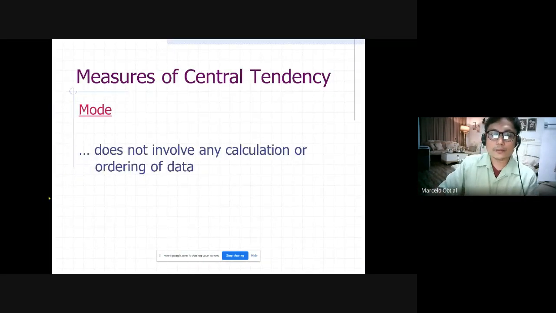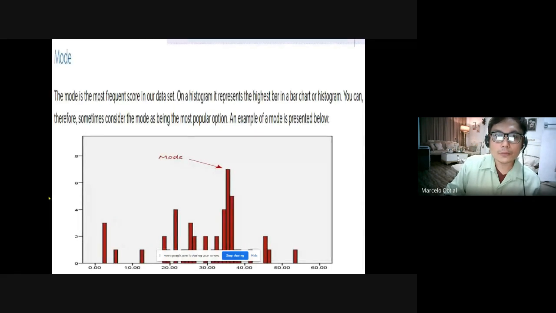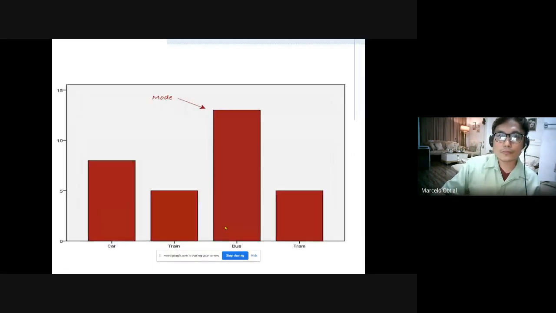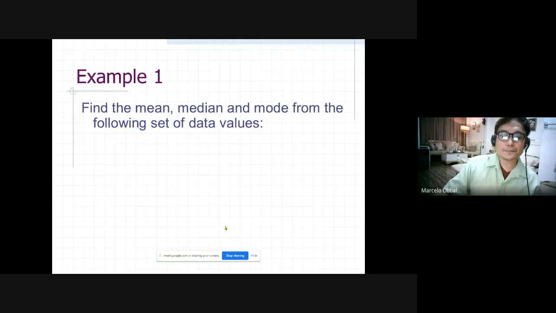Okay, mode tayo. Does not involve any calculation or ordering of data. Use when you have categories, example, occupation. For example, sa mode natin ito, we can use the histogram to represent the mode. Pwede mag two modes tayo. Example tayo diretso. The series of data. Ano yung mode?